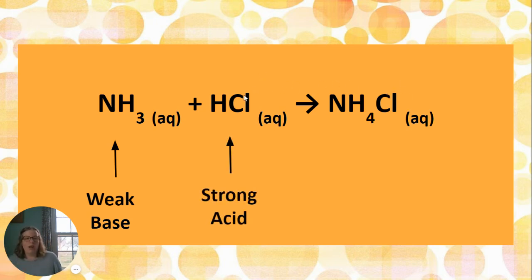So when we talk about these, we know that the chloride ion, because it's coming from something that's got a massive Ka, is like a terrible, terrible base, and it's not going to do anything. But the ammonia is a weak base. The conjugate here is a weak acid, and it's going to make your salt acidic. So when it neutralizes, if you have a weak base and a strong acid, it's going to be an acidic salt.